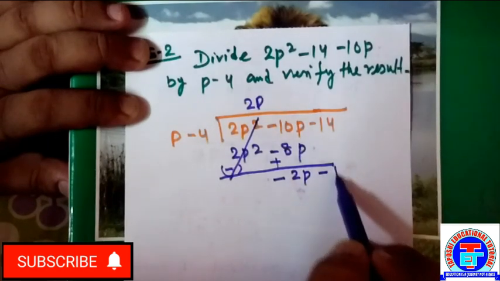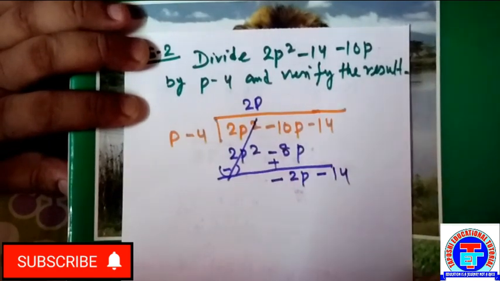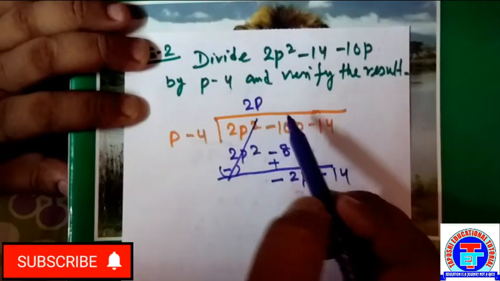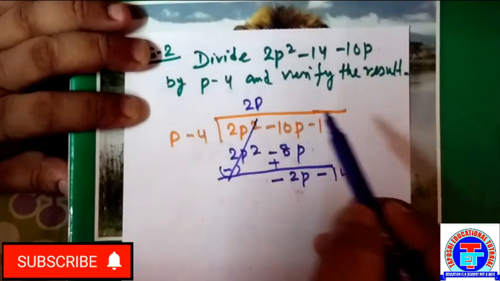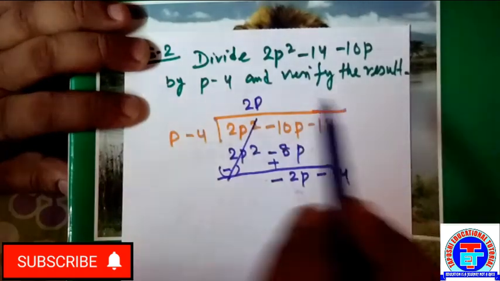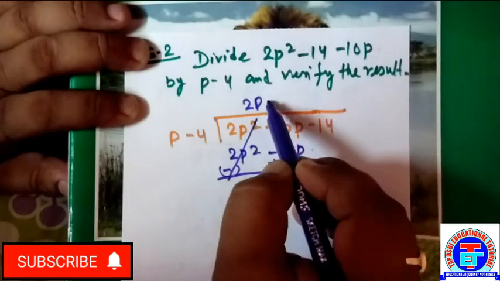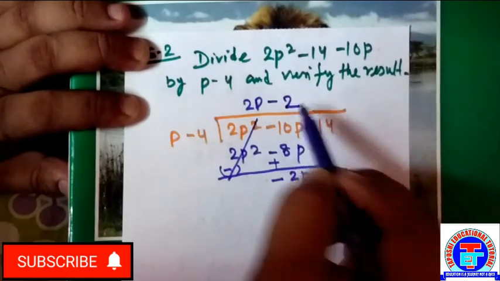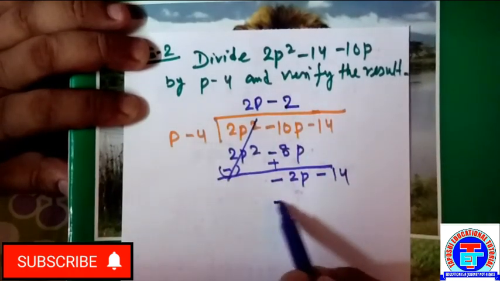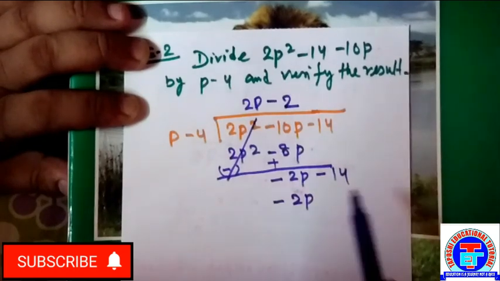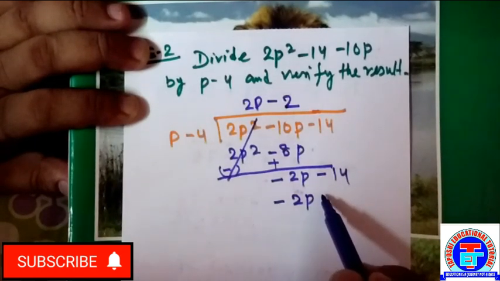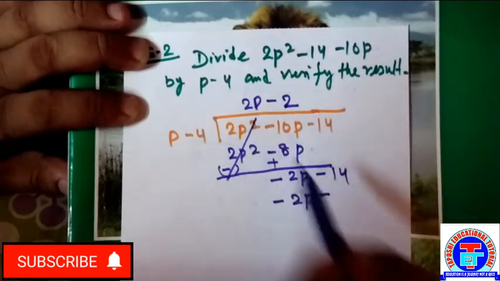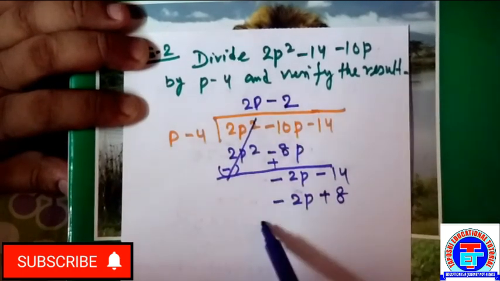Right? Now we take minus 2 here, so it will become minus 2p and minus 2 times minus 4 is plus 8.